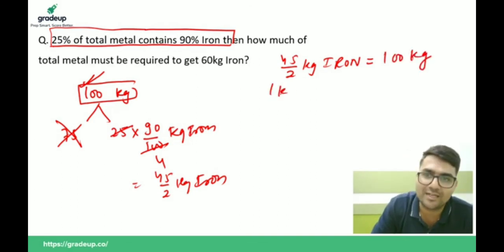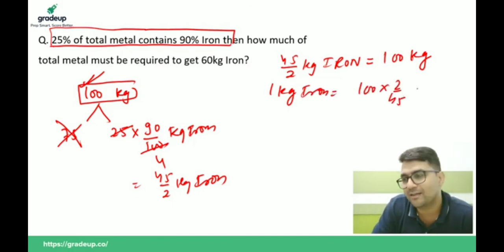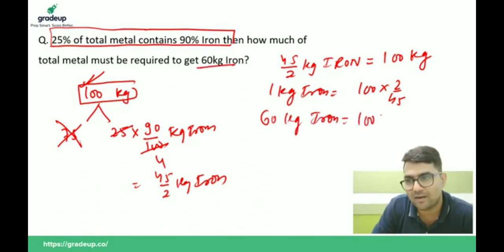So 1 kg of iron can be obtained from 100 into 2 by 45 kg of metal. Then we have to obtain 60 kg of iron. So 60 kg of iron can be obtained from 100 into 2 by 45 into 60.